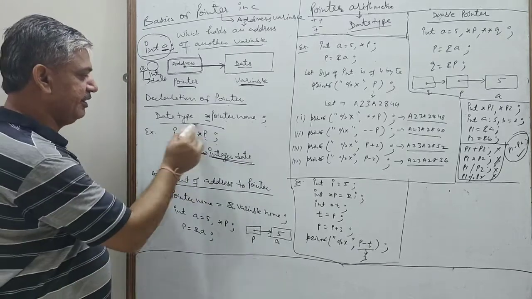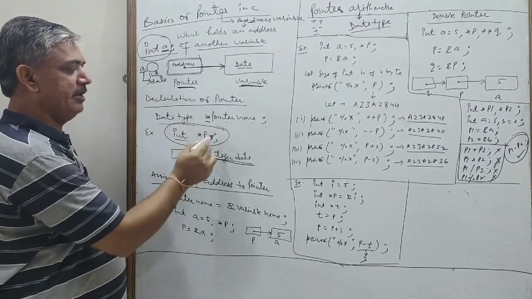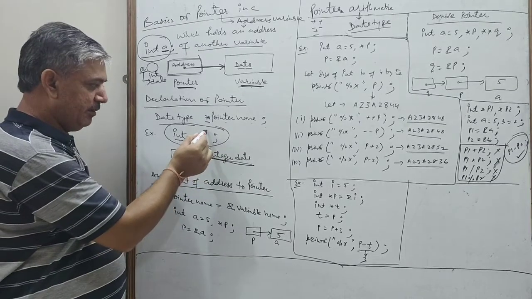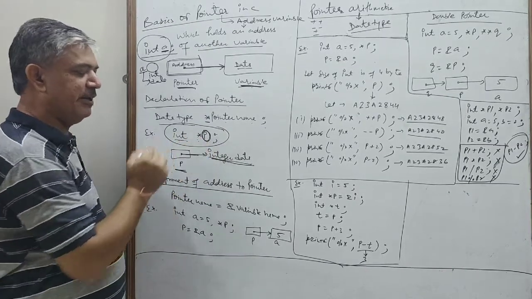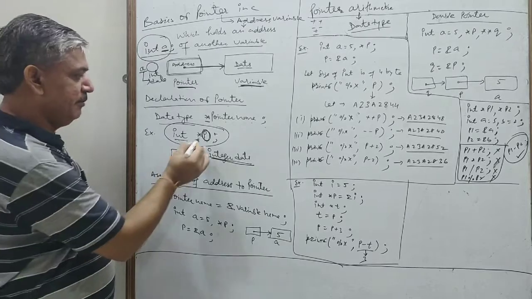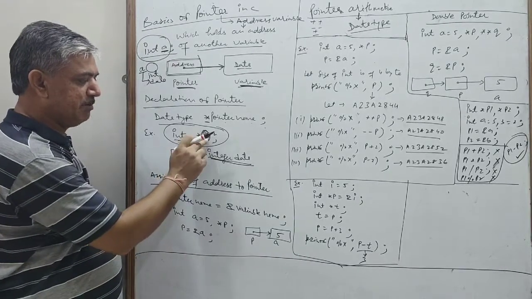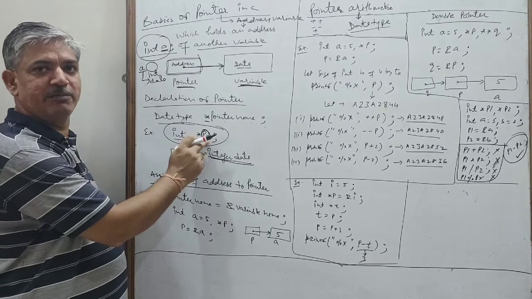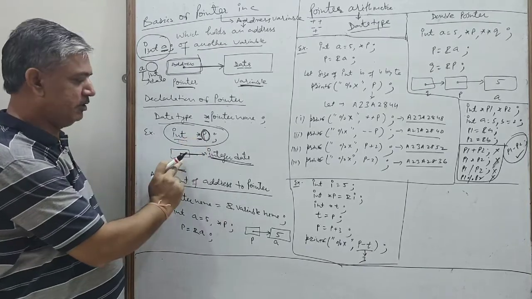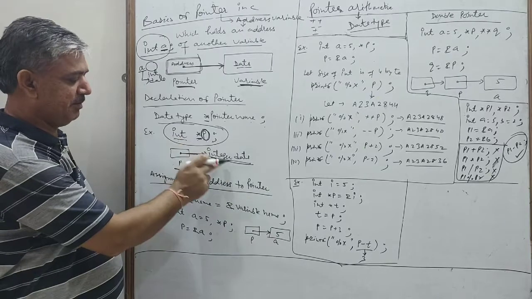So this is the declaration. Here p is the name of the pointer, and the asterisk symbol before the name indicates that p is a pointer type variable. Clear? So this pointer points to this type of data.